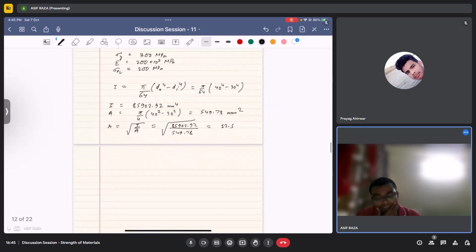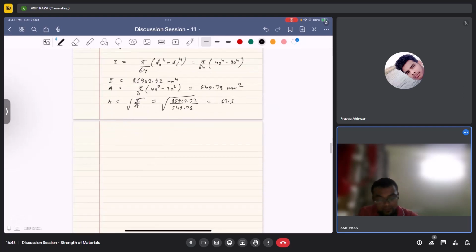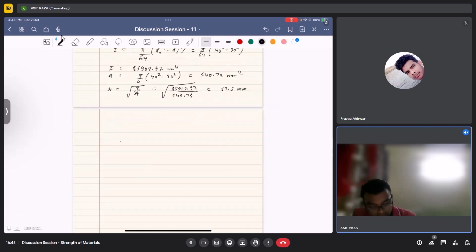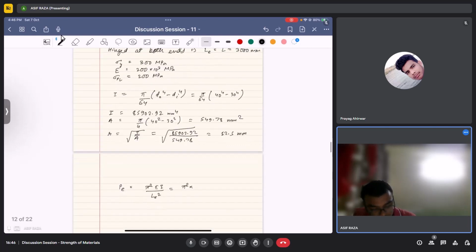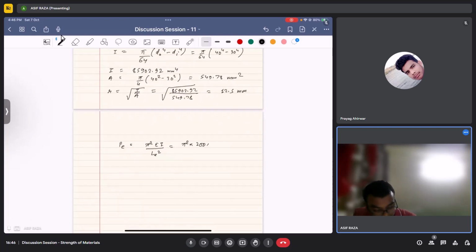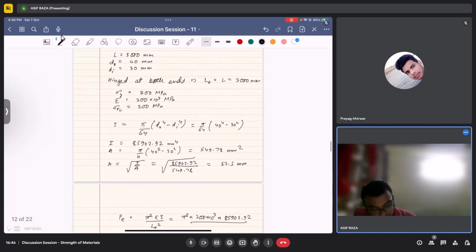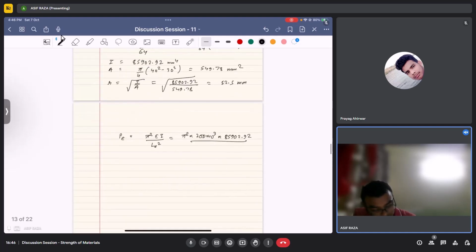Now my PE is equal to pi square E I upon LE square, that is pi square into E is 200 into 10 power 3, I is 85902.92, LE is 3000 square.